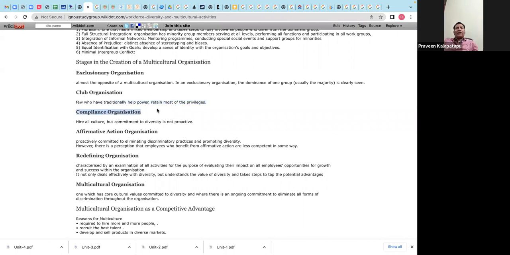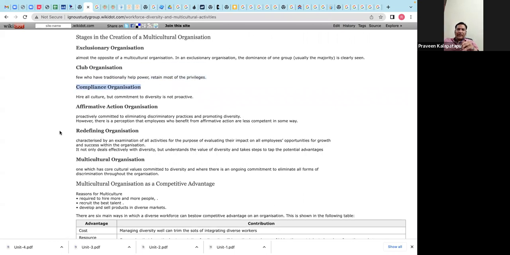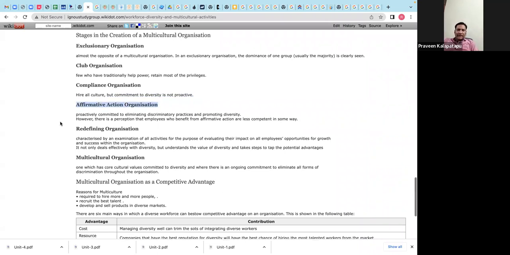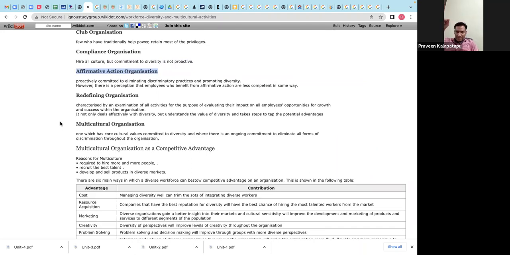Next, the compliance organization. You hire and you are not really restricting anything from the power point of view, but you are not proactive. This is just happening by chance. You just recruit. If diversity comes, it comes. If it doesn't come, it doesn't come. You will not do any training or sensitizing. It just happens. Okay, next is affirmative action. Affirmative action is proactive commitment.